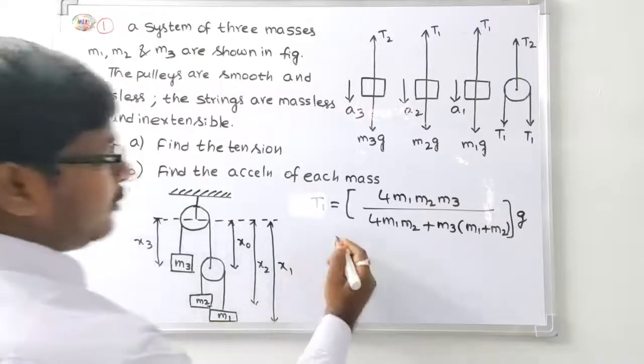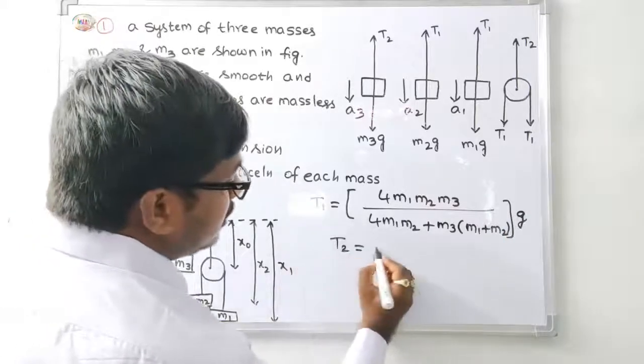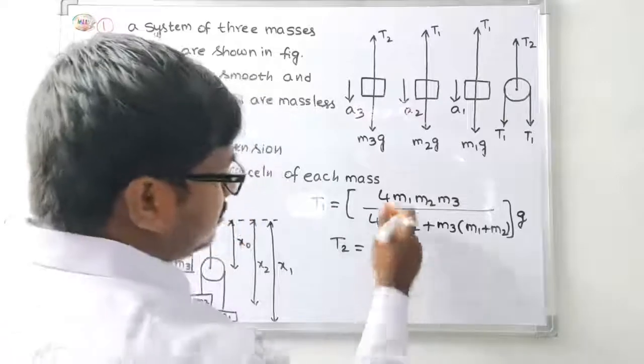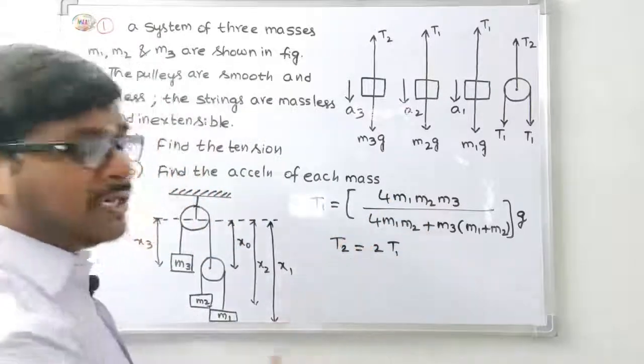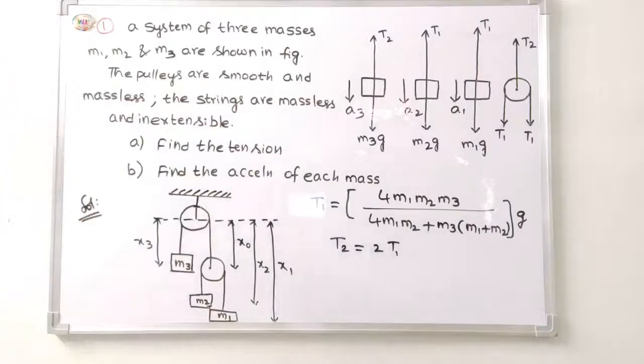Next, T2 is equal to 2 into T1. Substitute the T1 value to find T2, which is also simple.